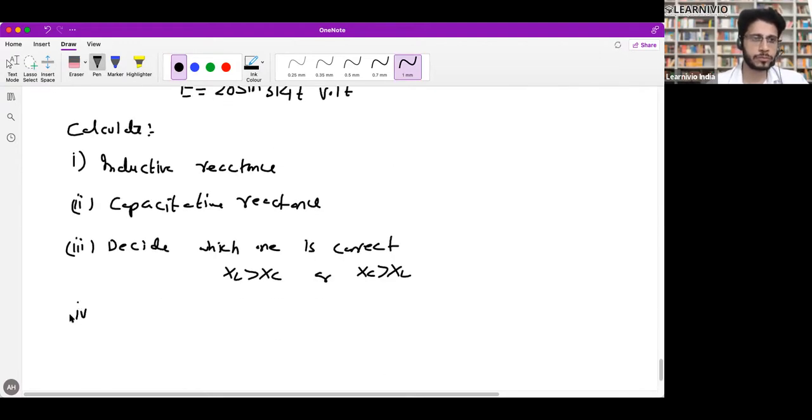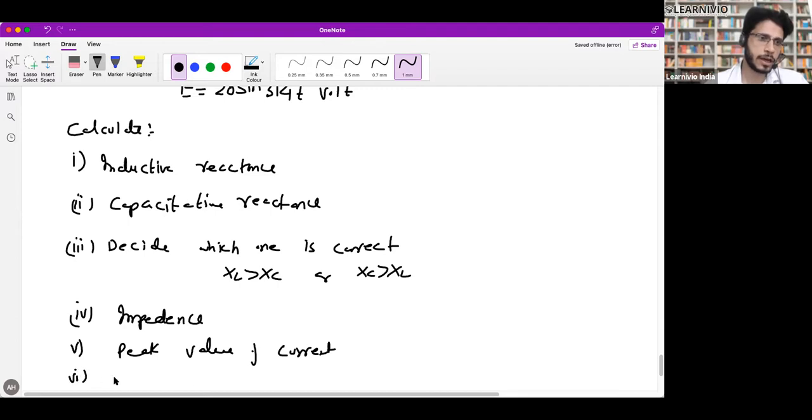Fourth, RMS value of current. Fifth, not RMS value, impedance I need. Then I need peak value of current.